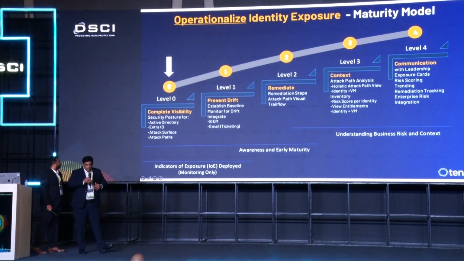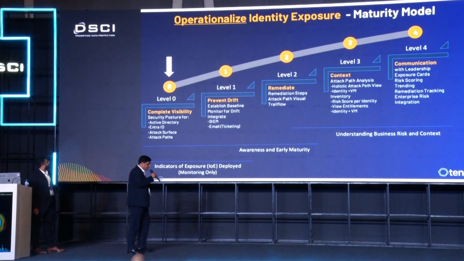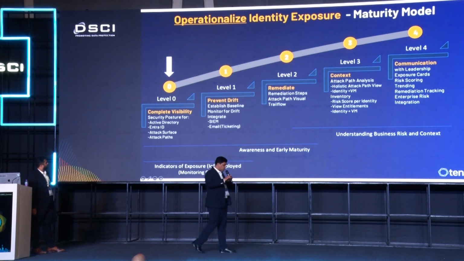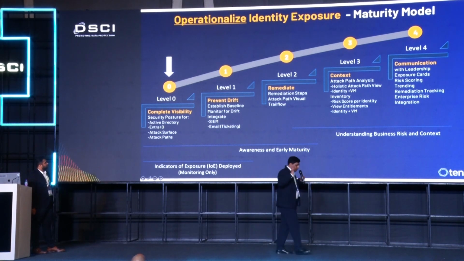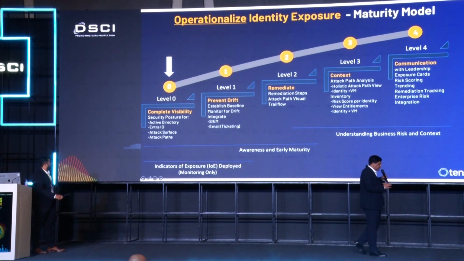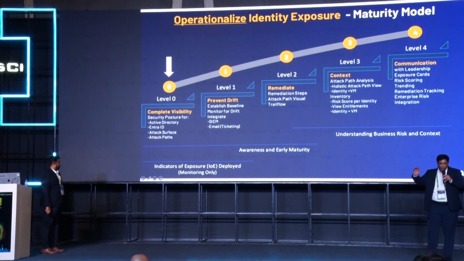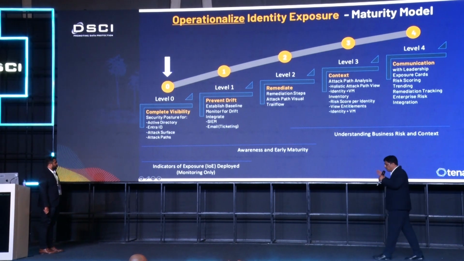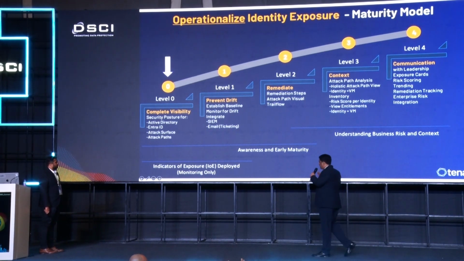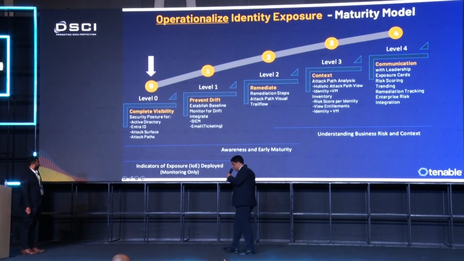Yeah. So, operationalize identity exposure. There are 4 levels. Tenable Identity Security will provide you a solution at all 4 levels. Level 0 will give you complete visibility and the security posture of your organization.